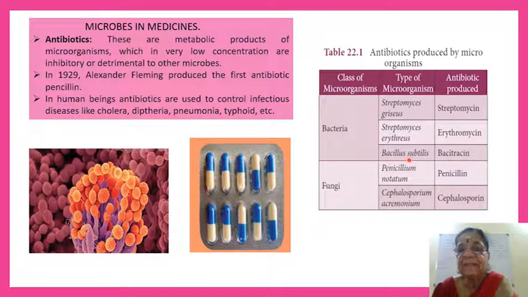Then Bacillus subtilis, the B is silent here, is producing the antibiotic bacillin. I hope you understand. These are all types of microorganisms and these are the antibiotics.